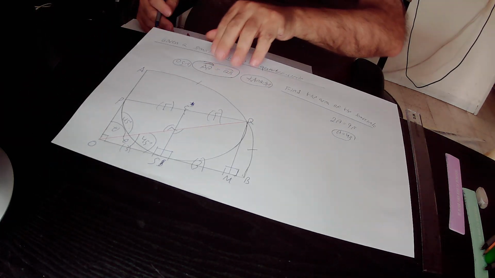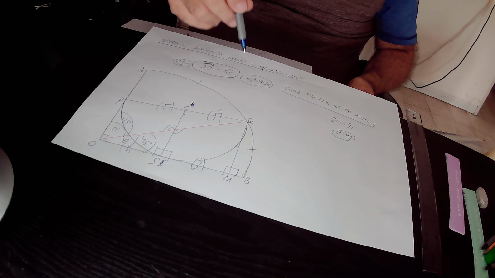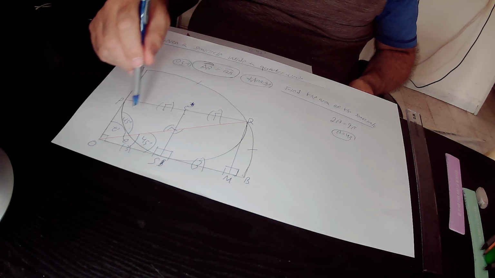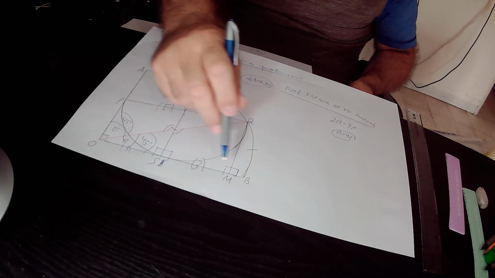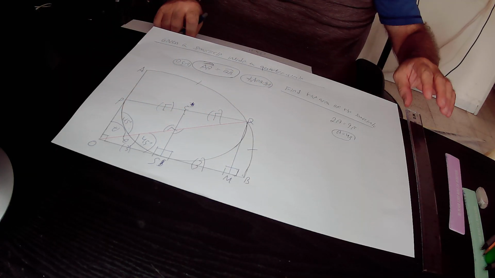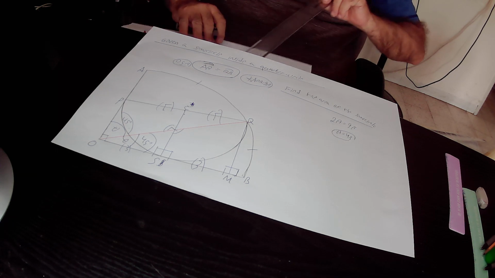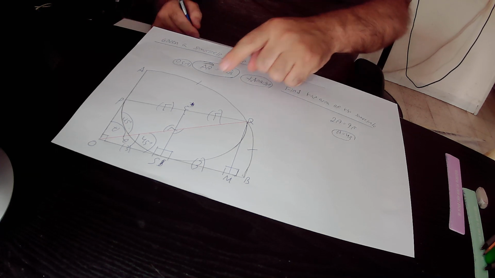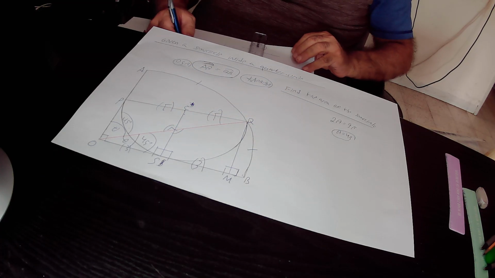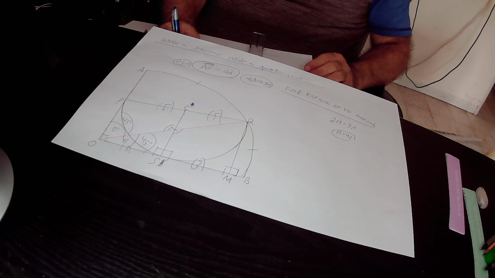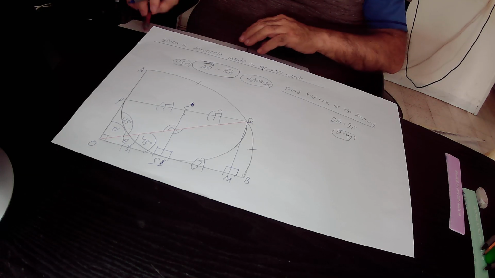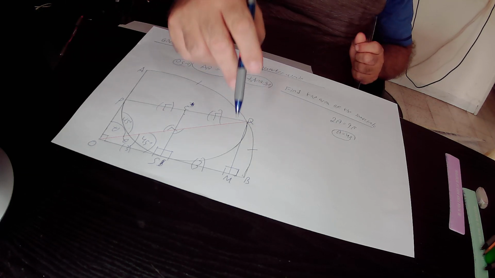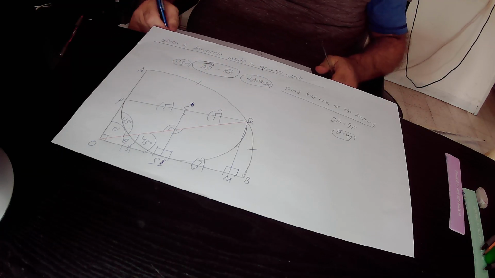In the next step, we'll focus on the right angle QOM. This is right angle QOM. In the right triangle QOM, tangent 45 degrees is equal to QM over MO.